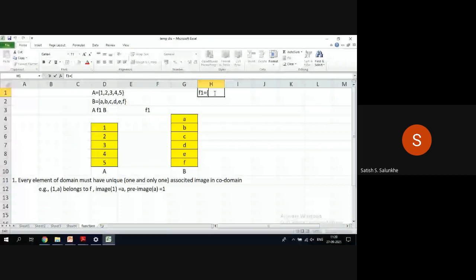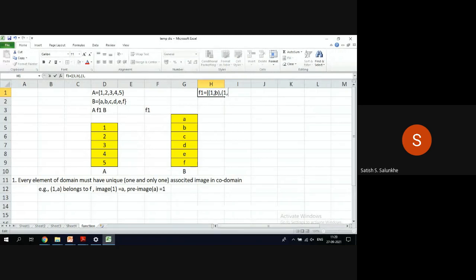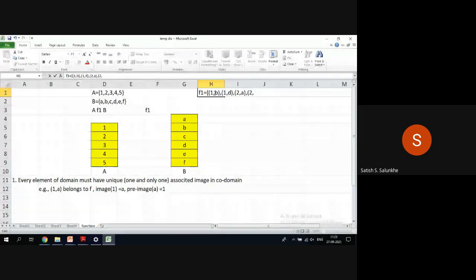So let us say (1, b), (1, d), (2, a), (2, b), (3, c), (4, a), (5, f).